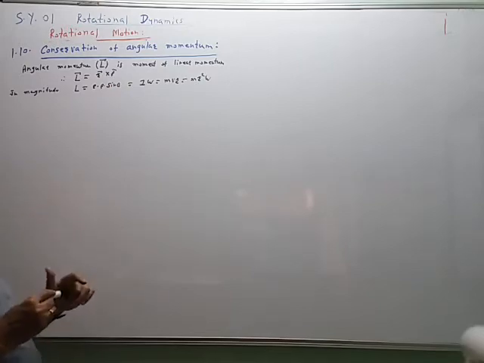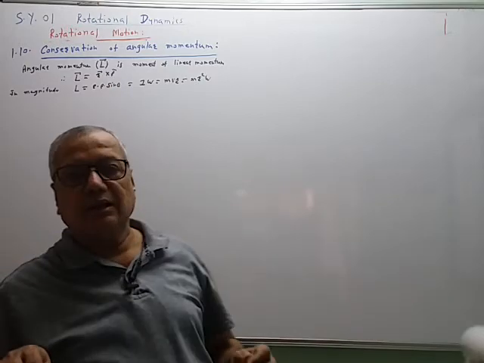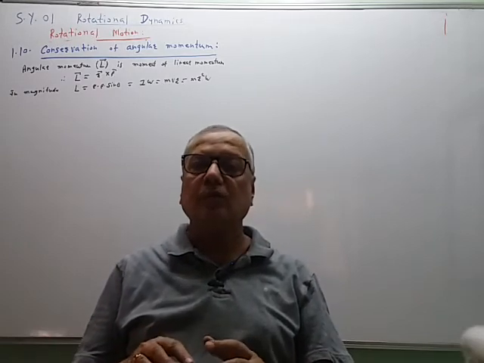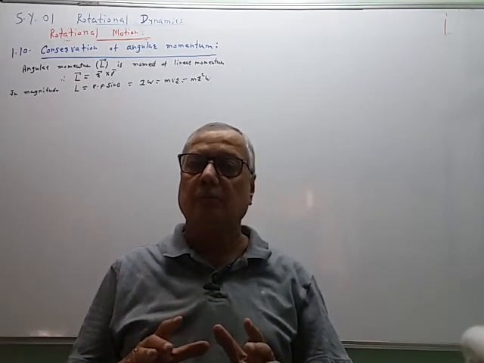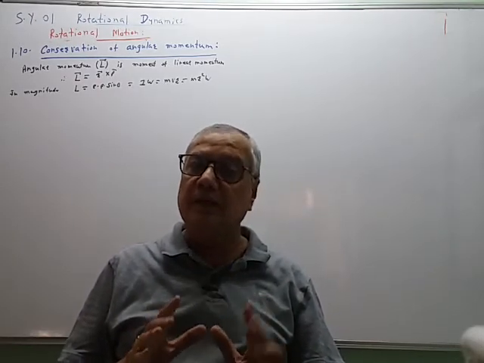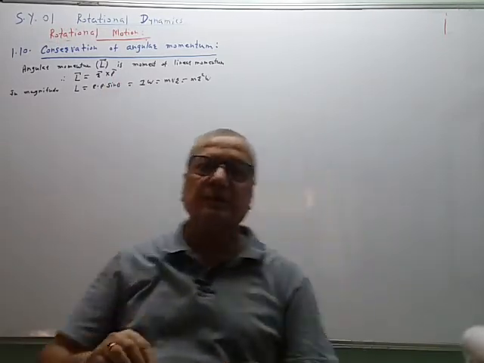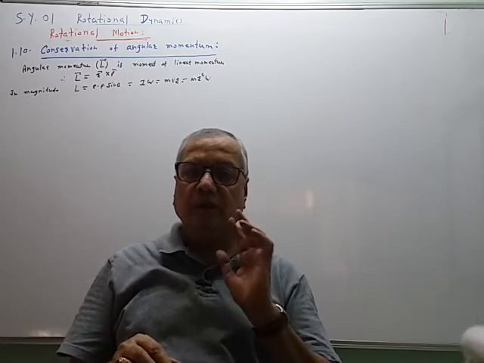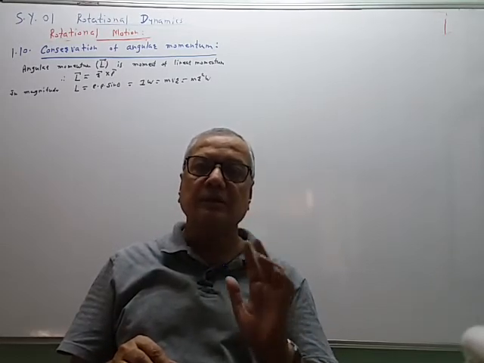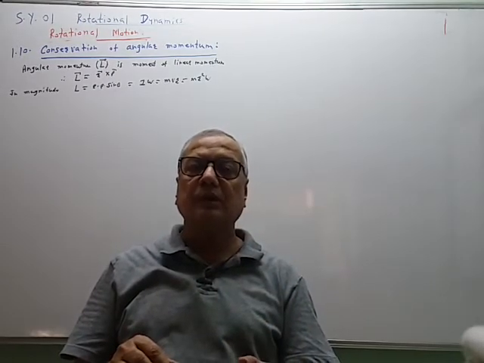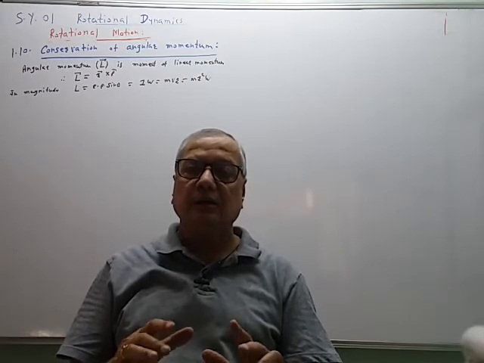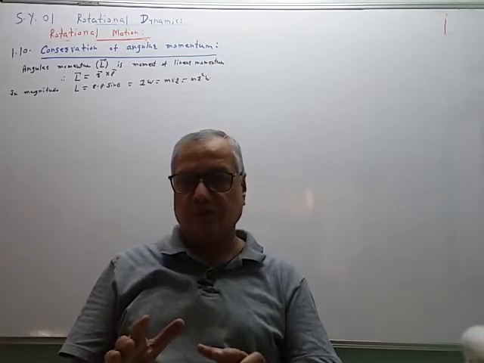So in 11th last year, we have seen the law of conservation of linear momentum. P is the linear momentum. What is the statement? When there is no unbalanced external force acting on the body or system of bodies, then the linear momentum remains conserved.